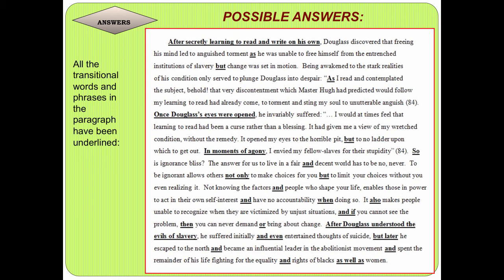Once Douglass's eyes were opened, but, in moments of agony, so, and, not only, but, and, when, also, and if, then, after Douglass understood the evils of slavery, and even, but later, and, as well as.